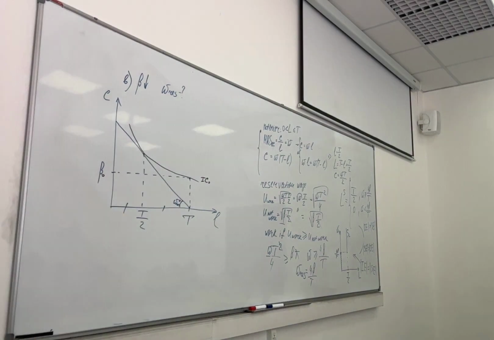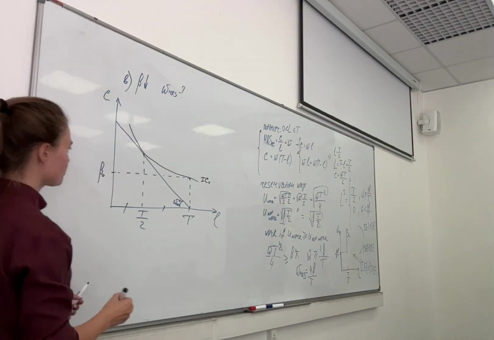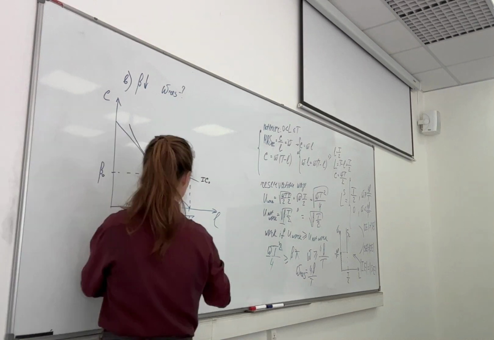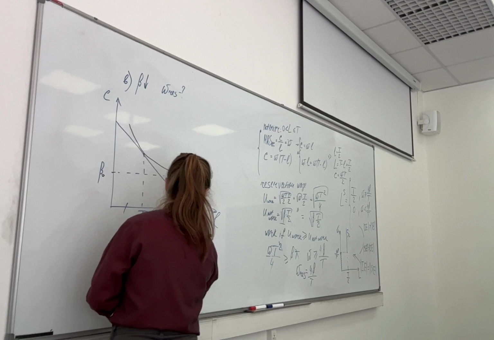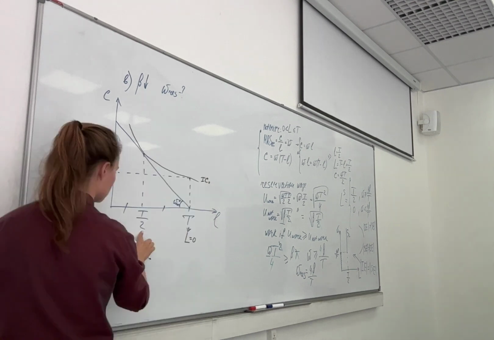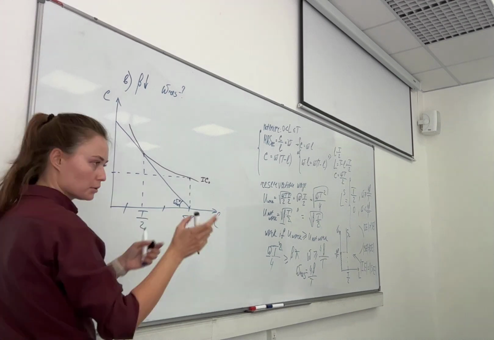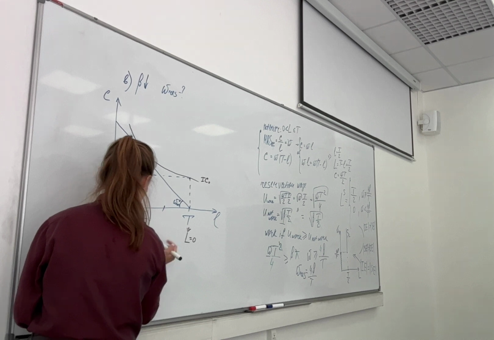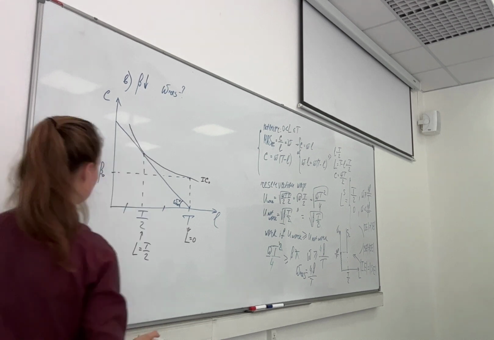So one more time, we are indifferent between working or not working. In this point, labor is equal to 0. In this point, leisure and labor are equal to t over 2. In this point, labor is equal to t over 2.